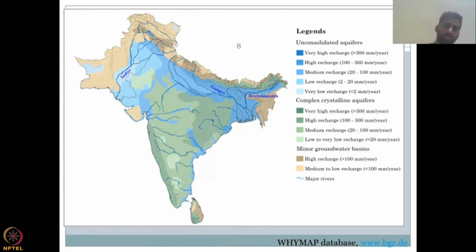Why would that be possible? Because this region, if you look very carefully, is the Western Ghat region, where you have a lot of these Western Ghats and slopes, the big hill range. And these hill ranges have a lot of erosion which gets deposited, and that deposition becomes your aquifer.